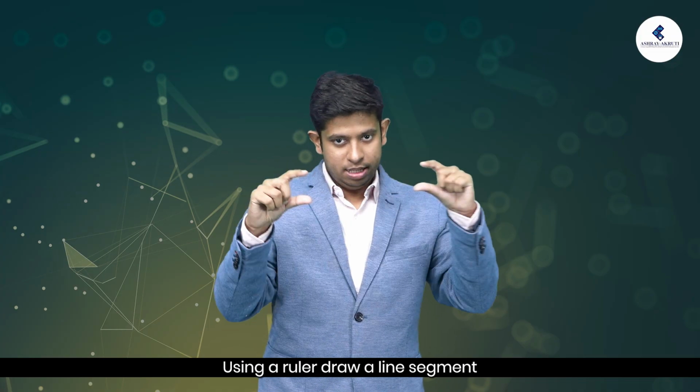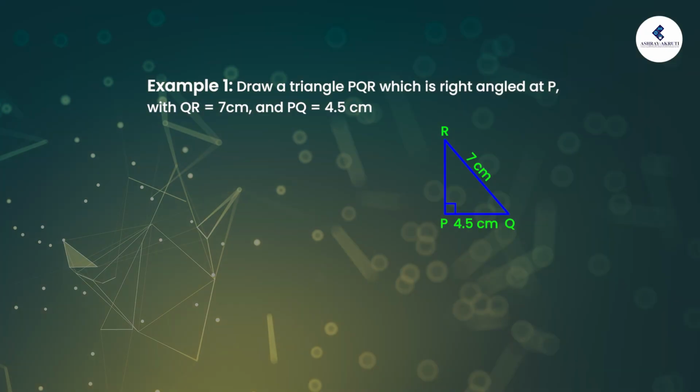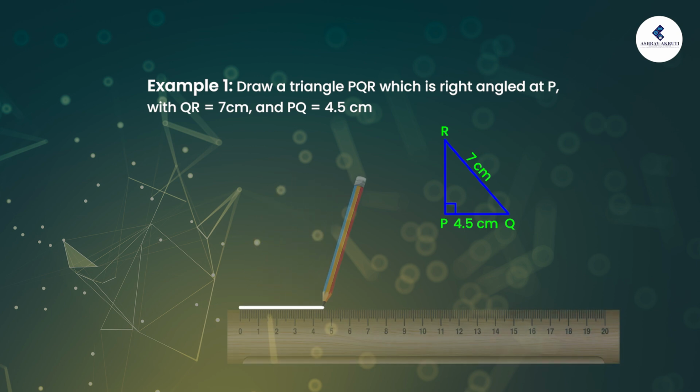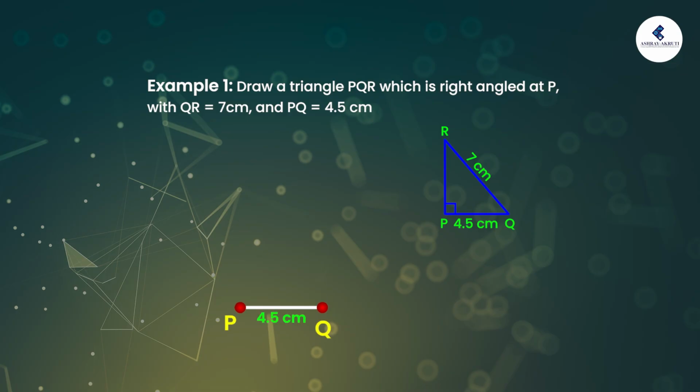Step 2. Using a ruler, draw a line segment PQ equal to 4.5 cm. Step 3.